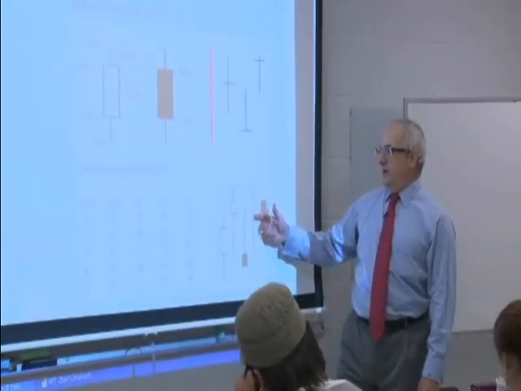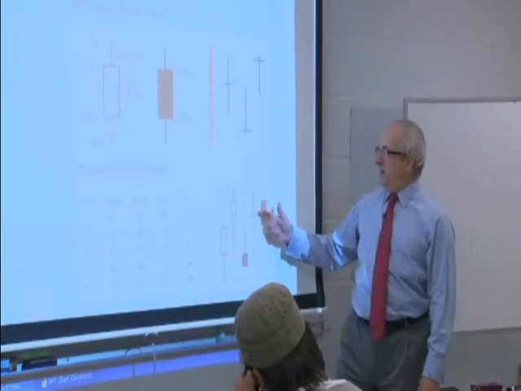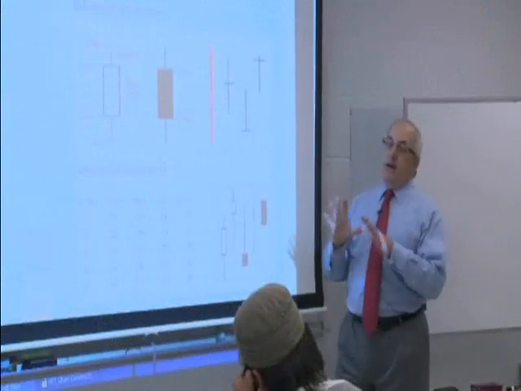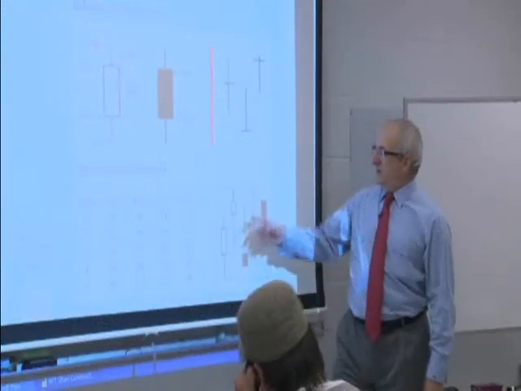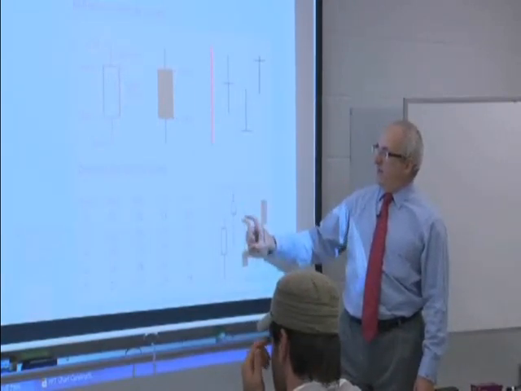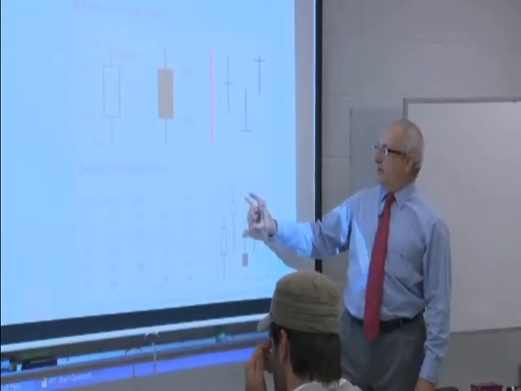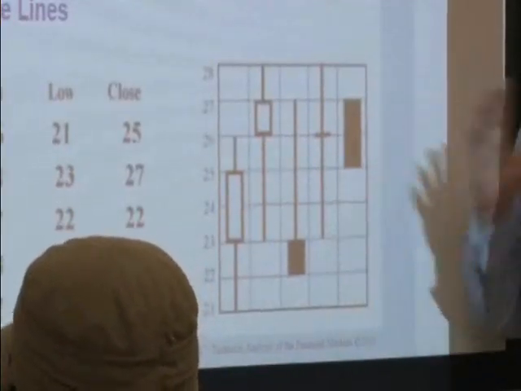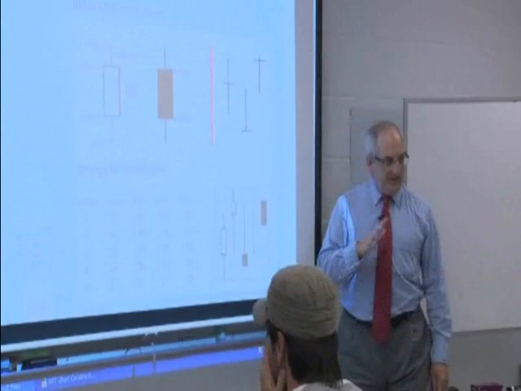Day number 4 is where you open and close at the same level. These are specialized patterns because you can see that the shapes of the real bodies and their placement in the range of high and low changes. These different shapes all have names in Japanese candlestick charting.